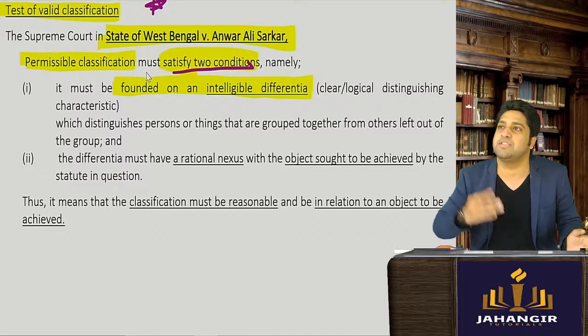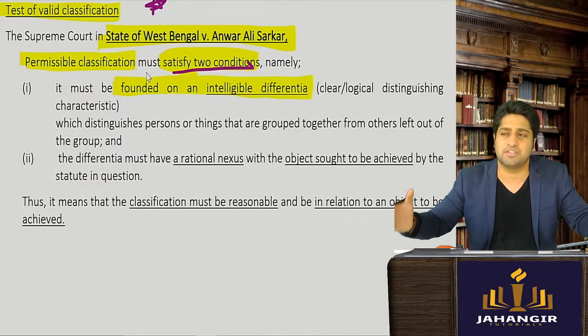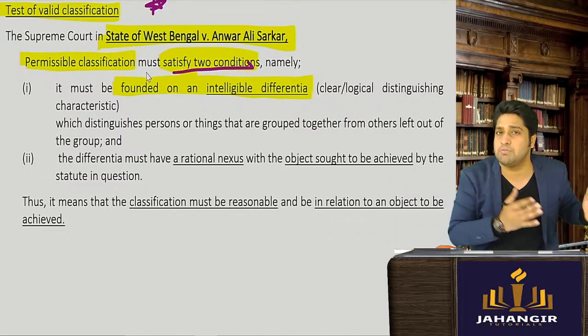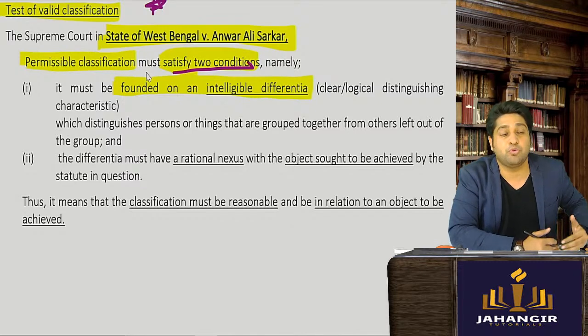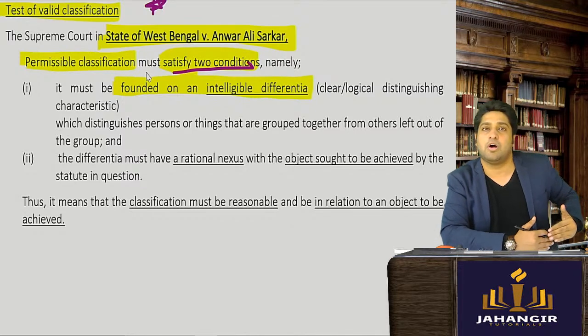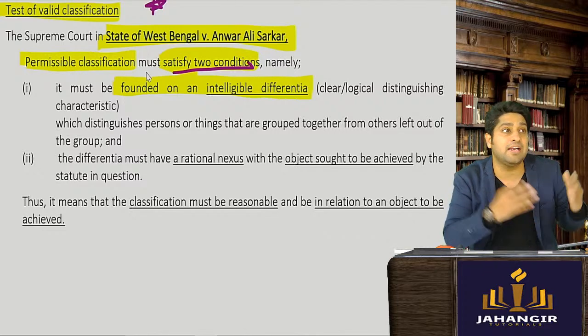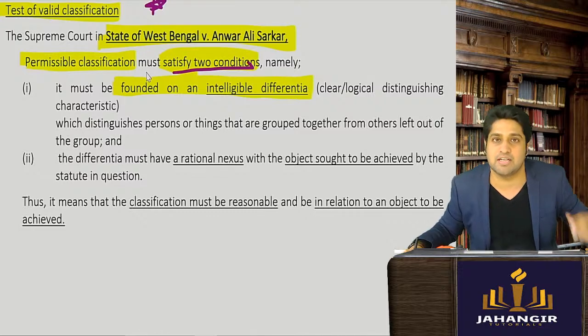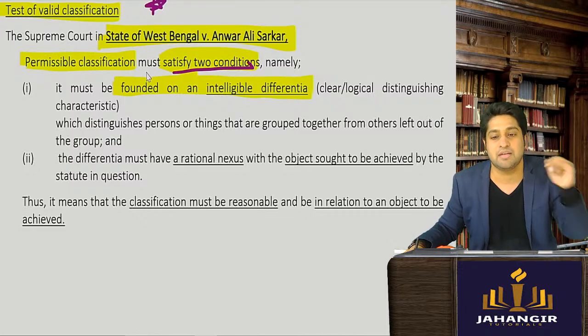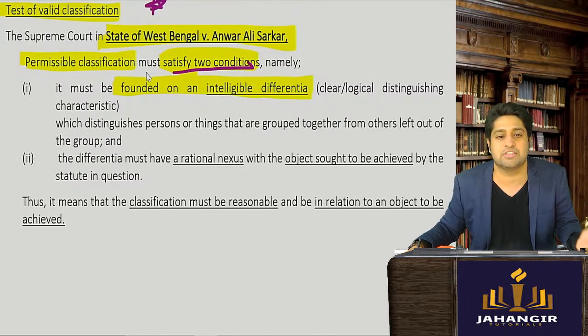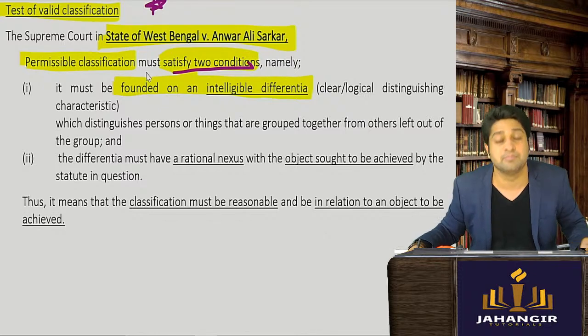I can make out that the general category is having a luxury living, whereas the people from SC/ST have to work very hard and have been at a certain disadvantage in society. So a clear visible difference can be seen. There is an intelligent difference, a logical difference, a distinguishing characteristic that can be seen.